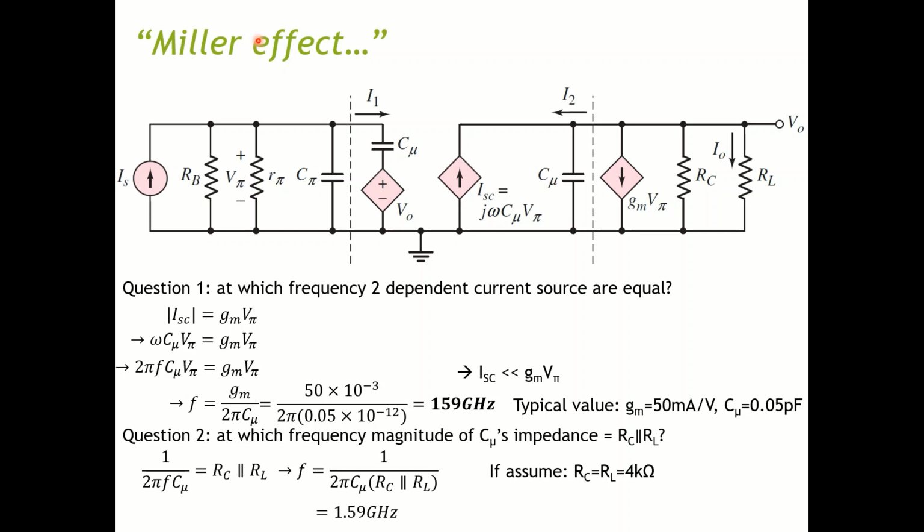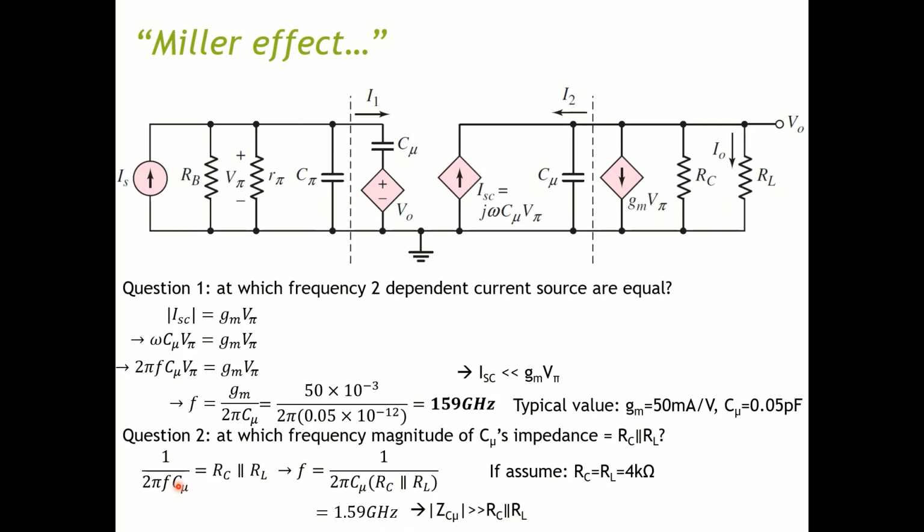However, often the operational frequency of BJT is very much smaller than 1.59 gigahertz. If so, you can assume that the magnitude of the impedance of C mu will be much larger than RC parallel RL.